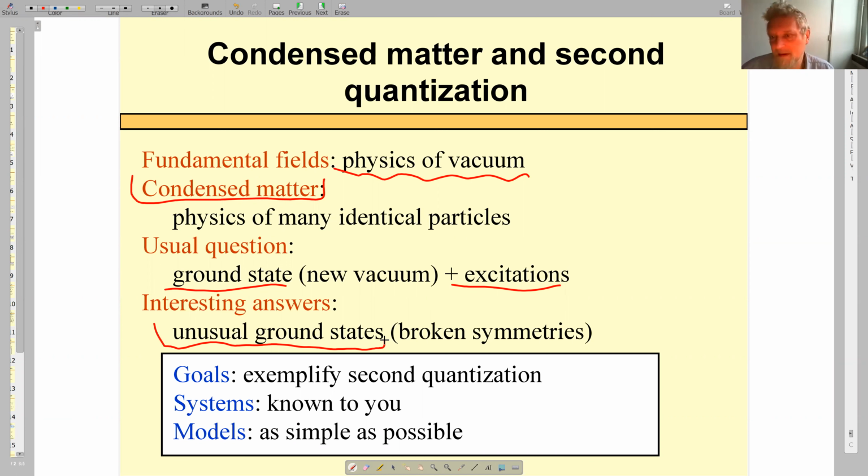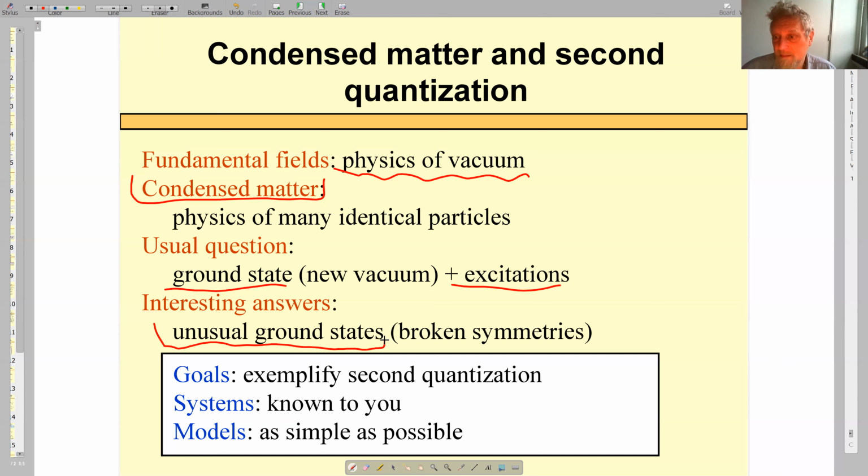Our vacuum, which we look around, seems to be very symmetric, although there are some theoretical arguments that perhaps it is not, that perhaps there is also spontaneous symmetry breaking. But with solid states, it's easy to get a ground state which is less symmetric.